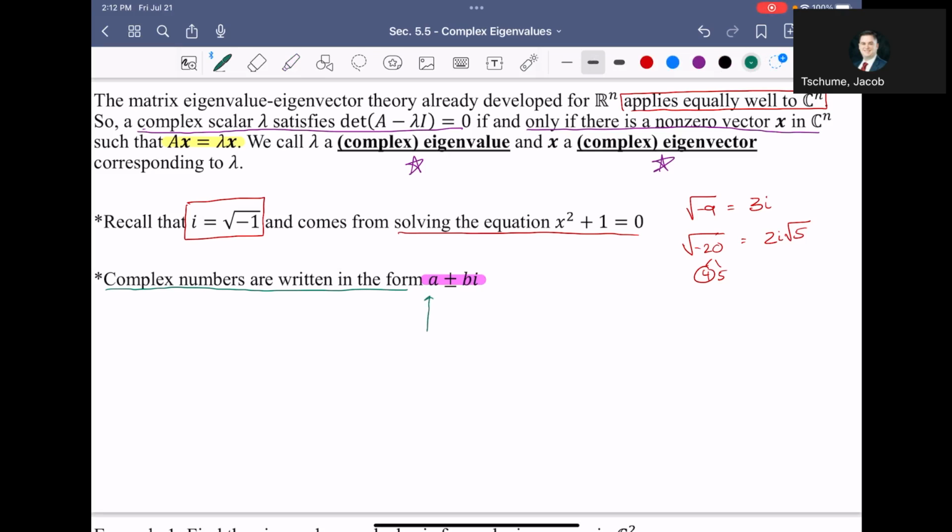You have the a portion, which is what we call the real part of a complex number, and then you have the b times i, which is called the imaginary part of a complex number. Now, these two parts can either be added or subtracted depending on the problem that you're doing, but both of those put together is what we call a complex number. The i is just the imaginary part of a complex number.